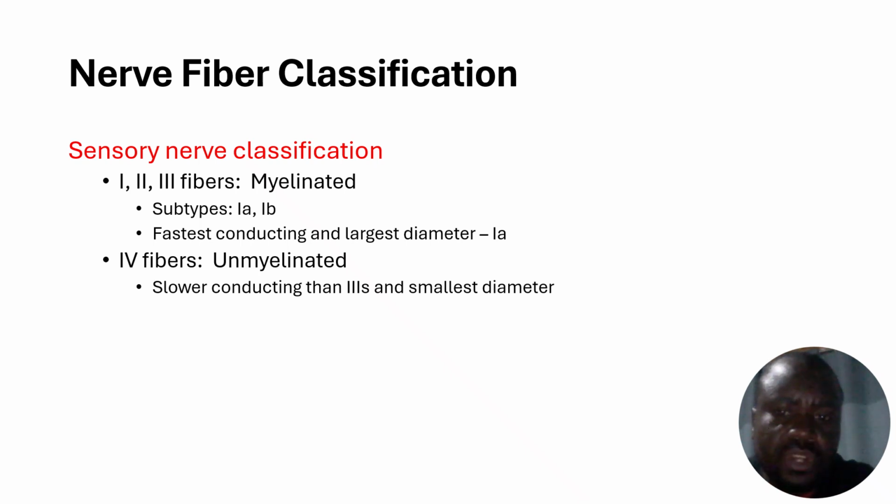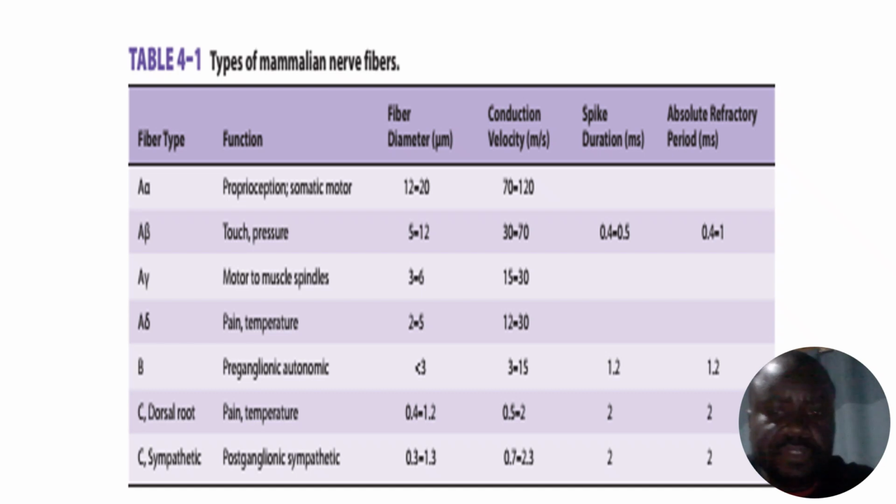They relate to the type A and B, which are myelinated, and the type 4 in this case are the ones that are slow conducting. They are the smallest, and they are not myelinated. So this figure, this table, actually just helps you to appreciate the characteristics of the different classes of nerve fibers.